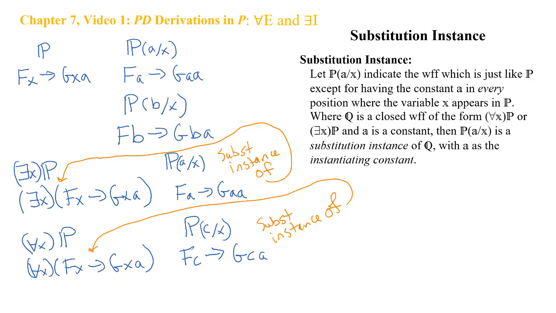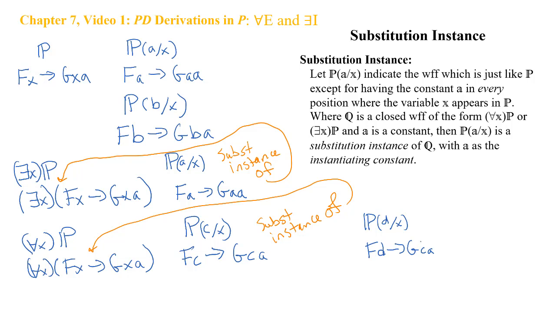And of course, you could do different substitution instances. From the universal, if we took the universal off, we could produce P, D for X instead of C for X, and we would get this.